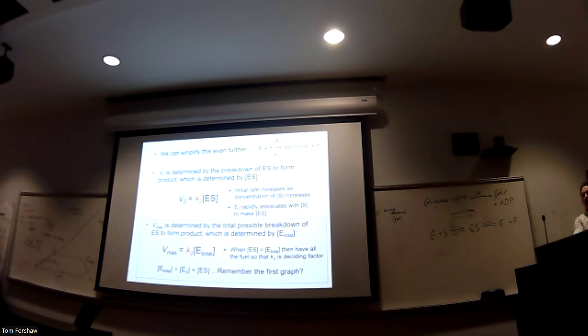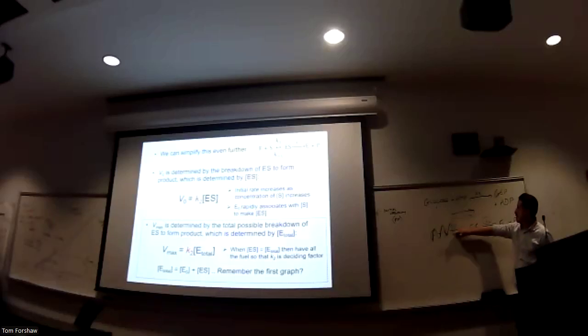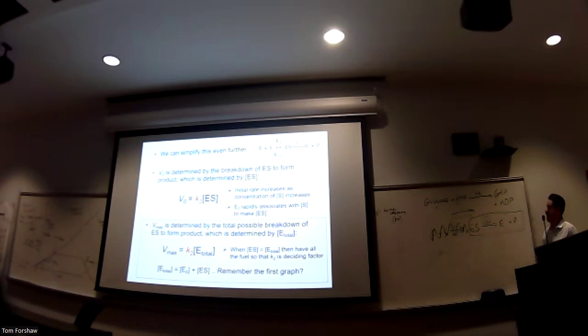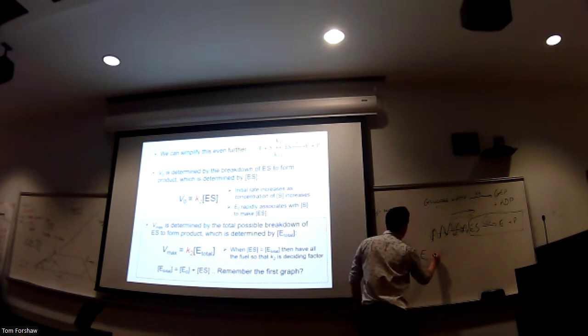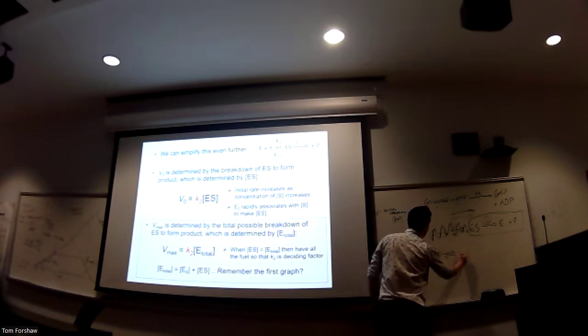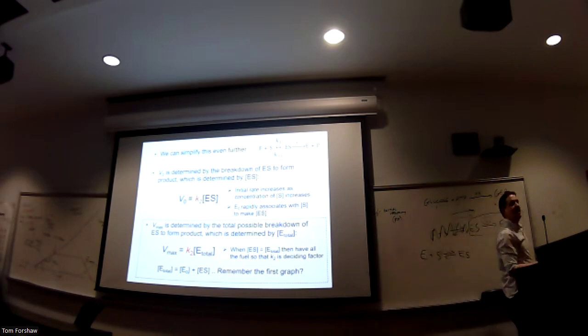Now we can simplify this very easily. We can say that, in fact, the reaction wants to go over to the right so fast that we can ignore this and simplify the reaction to just being this. Because in the pre-steady state, again, with an equilibrium constant, we've got the E plus S to form ES. In the pre-steady state, you don't have a ton of ES.